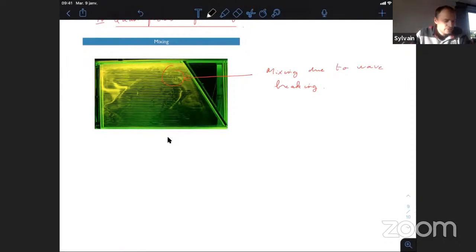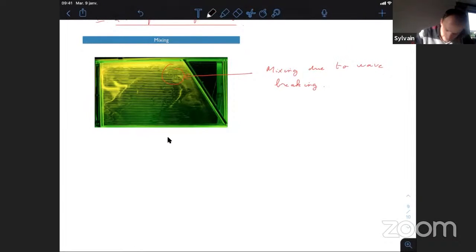So the experimental technique I want to describe, you will see, it is important to quantify mixing.